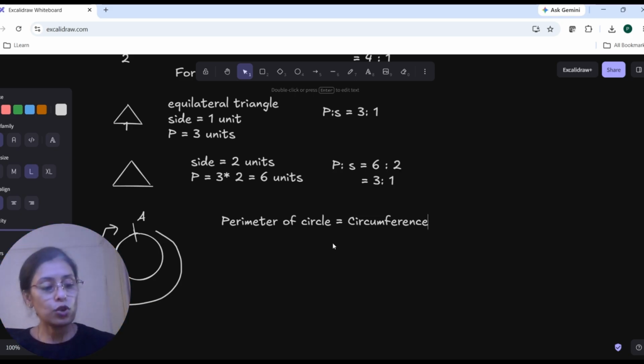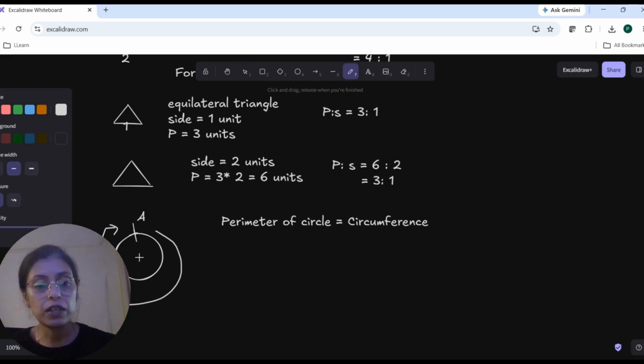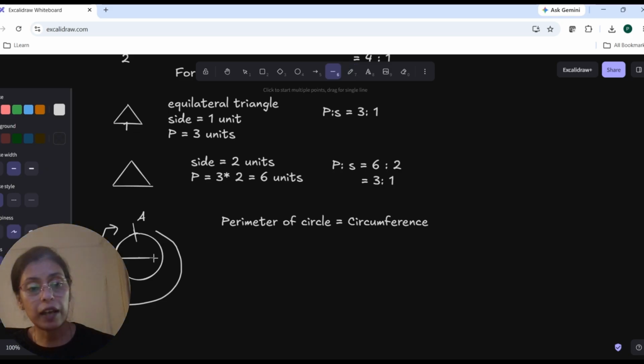Okay. So now here they wanted to find the relation between the circle's circumference, and circle doesn't have a side. What does it have? It has a radius or diameter, right? So they started finding the relationship between the circumference and the diameter of the circle.